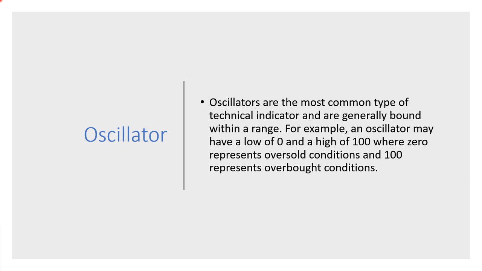Okay. An oscillator will always oscillate between 2 numbers, and therefore we can put boundaries in between those and set interpretations. Like when RSI or stochastic goes over 80, it says the market's overbought because it's only going to go as high as 100. When it's under 20 or 25, you can say it's oversold because it can only go as low as 0.